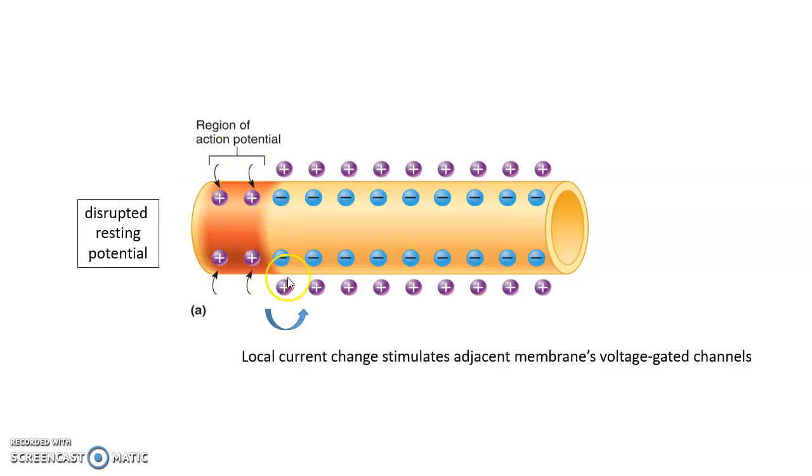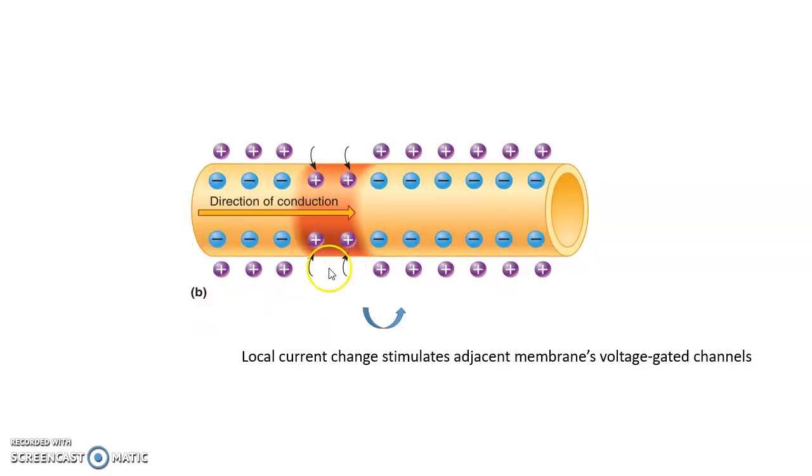This change in charge then stimulates neighboring sarcolemma to open its voltage-gated sodium ion channels. And so they open, sodium ions flood in. Of course, what happens over here after that is the voltage-gated potassium ion channels open, reestablishing the original charge distribution. However, here we now have the muscle action potential. It is now in this area.